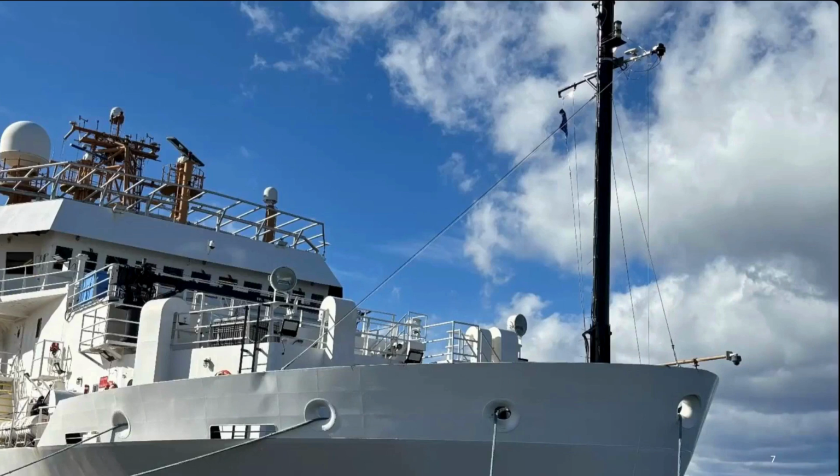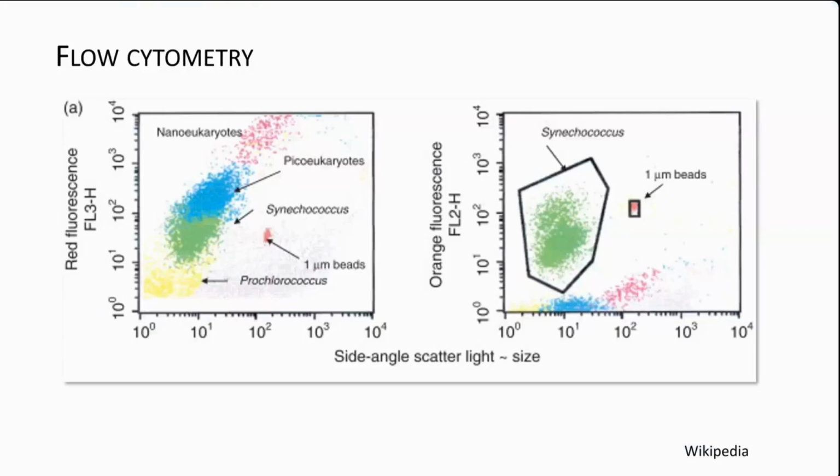Currently we usually go with research vessels like this one from NOAA that was used just recently in collection of validation data for PACE, and run flow cytometry, which is a technique that we use in the lab where samples in the water are run through this instrument where, for each of the particles, we measure forward scattering, side scattering, and different types of fluorescence.